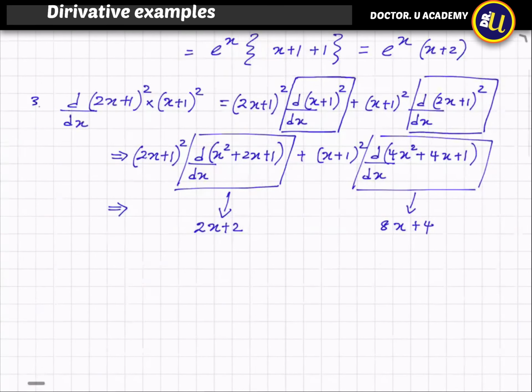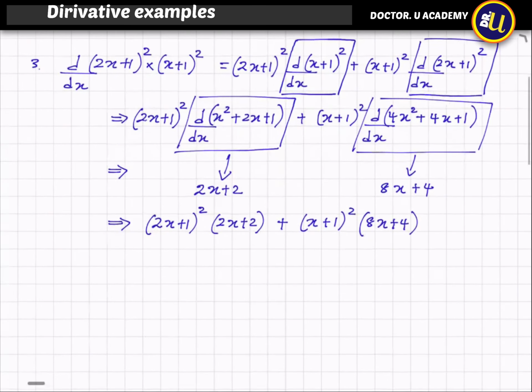Now what you will do, you will just multiply. So it's going to be (2x plus 1) squared times (2x plus 2), plus (x plus 1) squared multiplied with (8x plus 4).